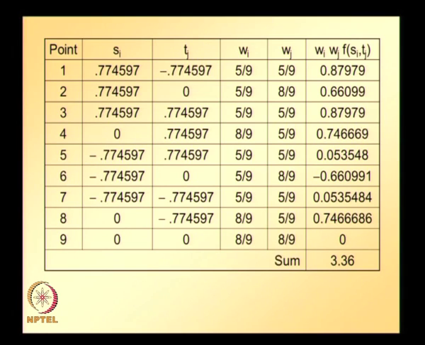So the estimate of integral is nothing but sum of all the values corresponding to point 1 to 9 which appear in the last column, and if you sum up it turns out to be 3.36.